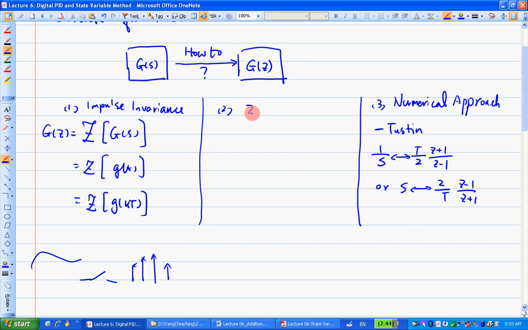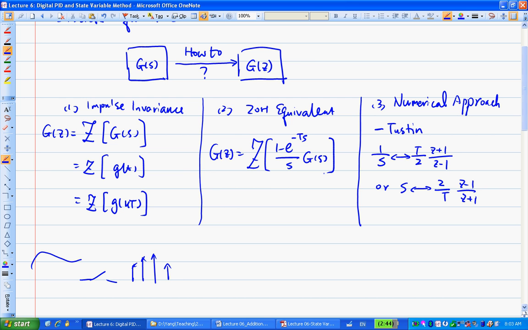The second one is called zero order hold equivalent. For this particular case, your G of z is converted as if you have a zero order hold in front of this G of s.